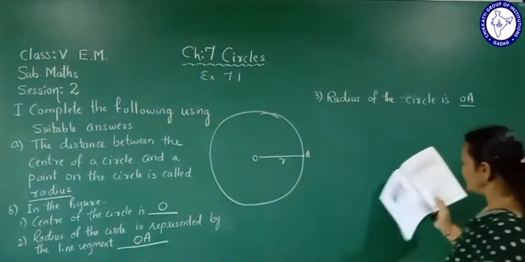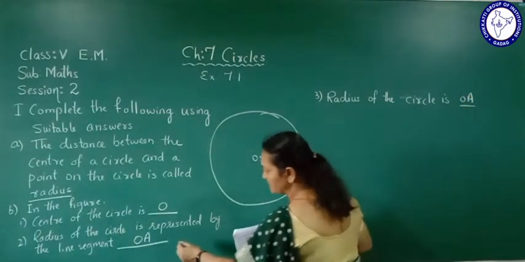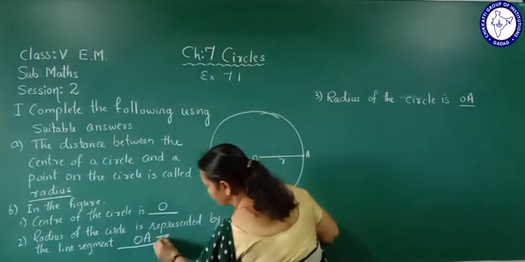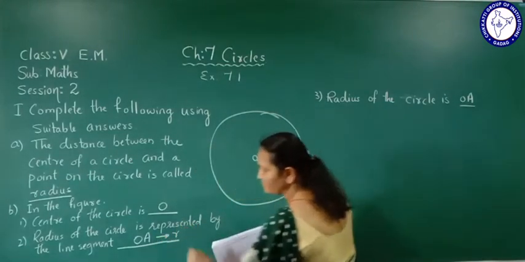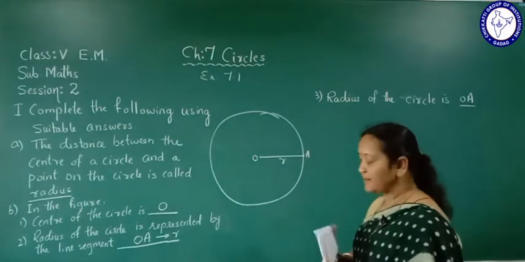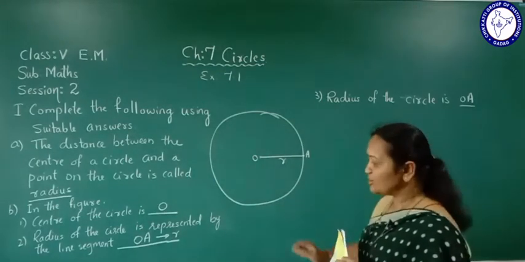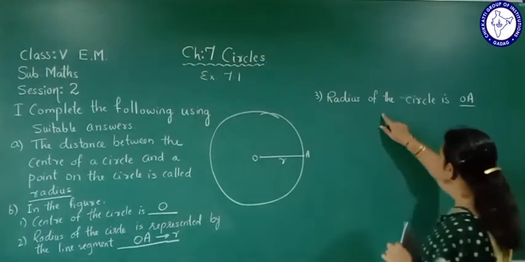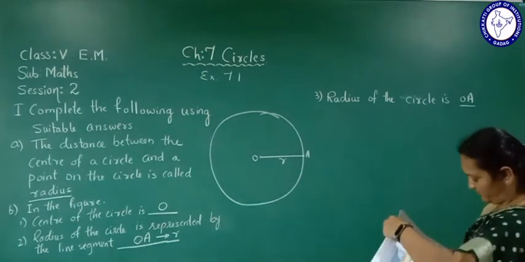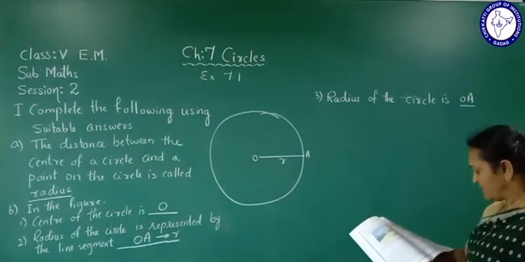Okay, and here also you can write represented by R. Both fill in the blanks you can write both. You can write R or you can write OA, and here radius of the circle is OA. Now let me go to second main question.